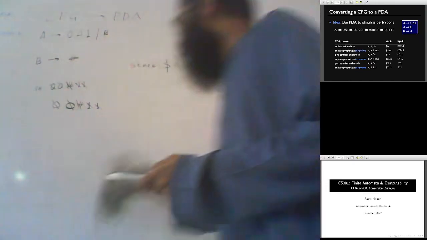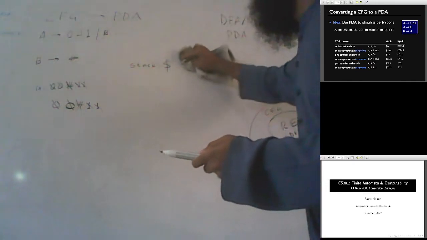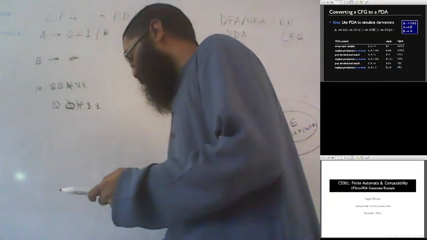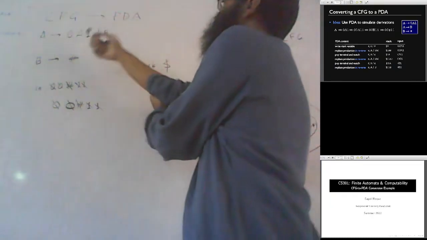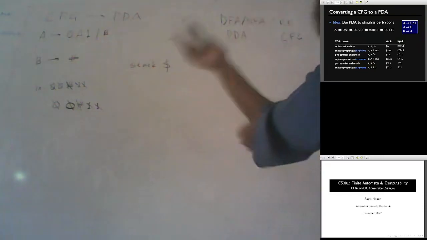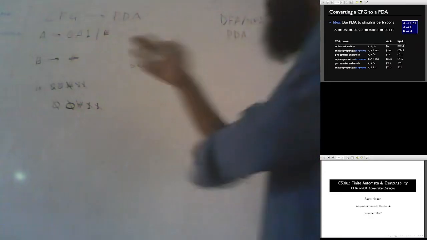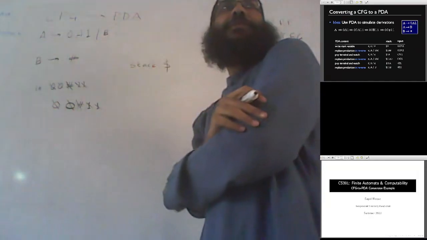So we can put in either 0A1 or B. And in this case, we're going to put in 0A1 because for this particular string, 0A1 is the correct choice.